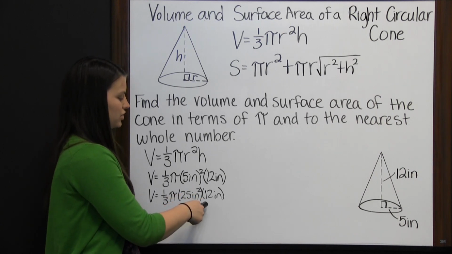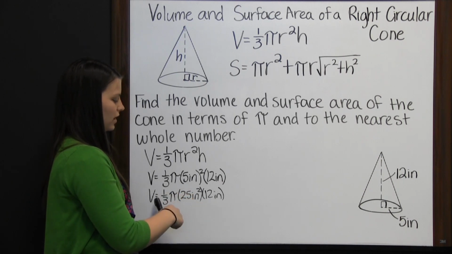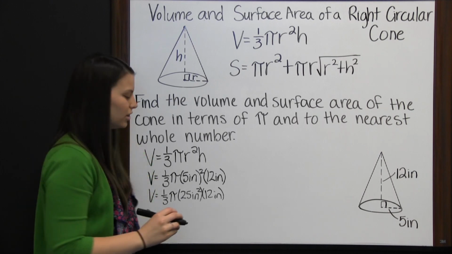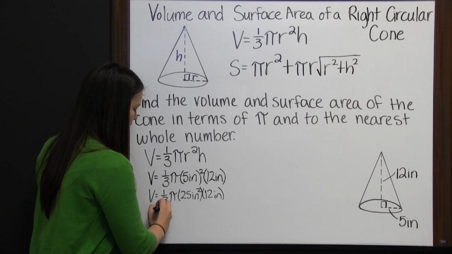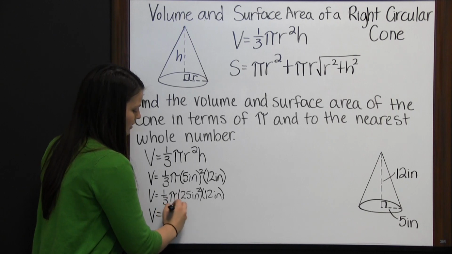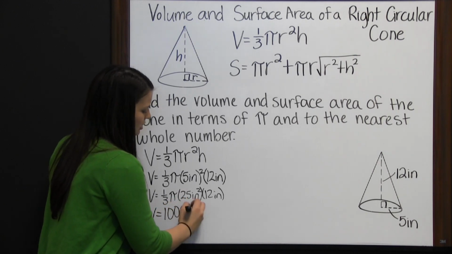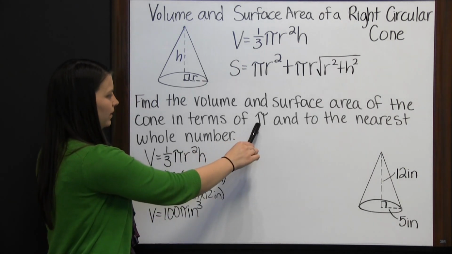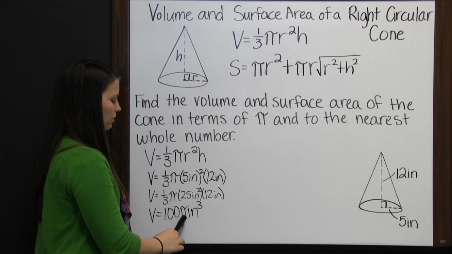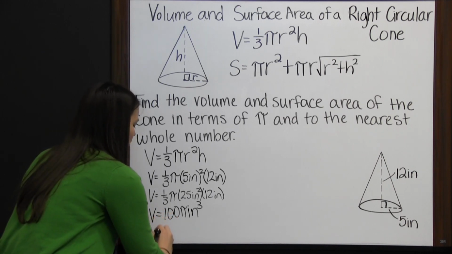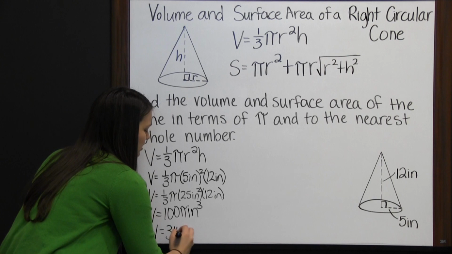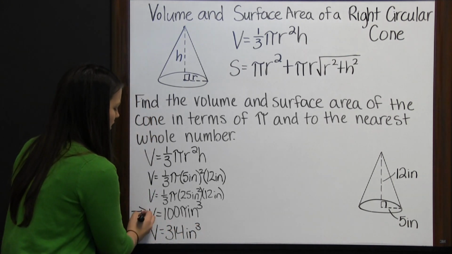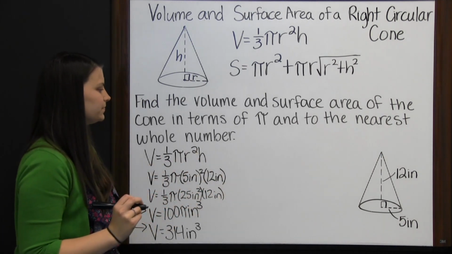A third of 12 inches is 4 inches, or 12 inches divided by 3 is 4 inches. 4 inches times 25 inches squared is 100 inches cubed. Then times pi, that's 100 pi inches cubed. So there's our answer in terms of pi. Now for the nearest whole number, we multiply times pi, and we get that our volume is 314 inches cubed. So there are 2 answers for volume of that cone.